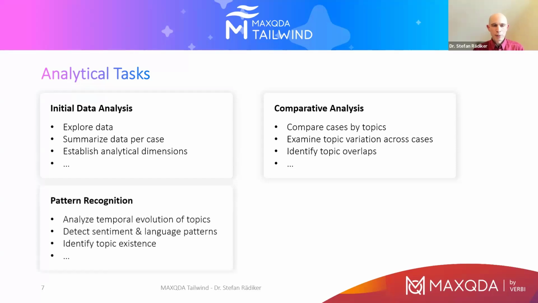It also helps us in terms of pattern recognition, because it may support us in analyzing the temporal evolution of topics, as we could see here in my example. But we could also create topics that reflect sentiments, that reflect language patterns, that help us to identify if a topic is existent at all. So looking into the summary table and looking at the empty cells may also be helpful.